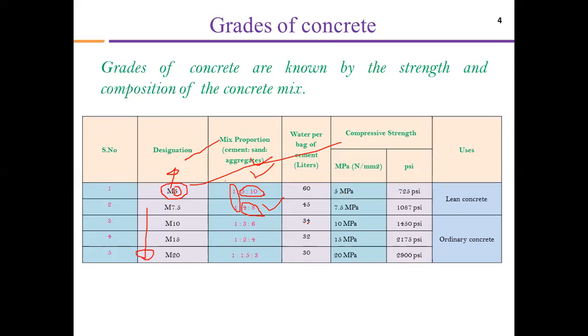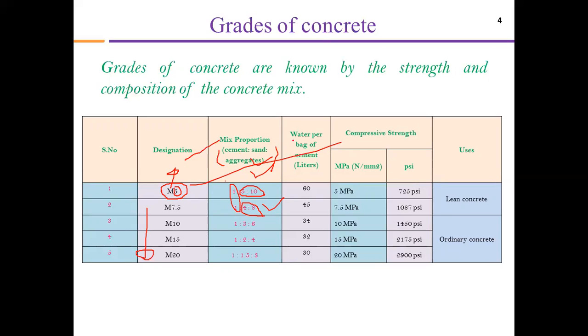Okay, now let me discuss these types in detail. M5 is the type of concrete for which the ratio is 1:5:10. First part is cement, then sand, and then the coarse aggregate.